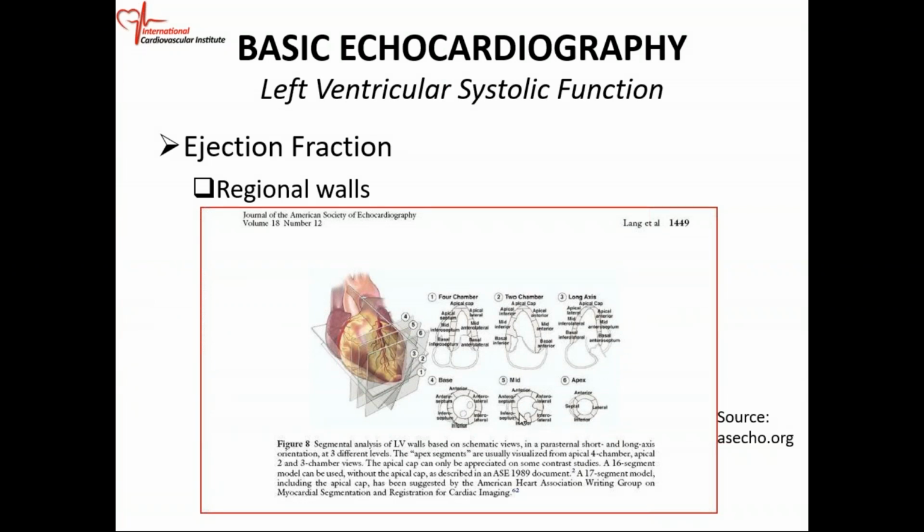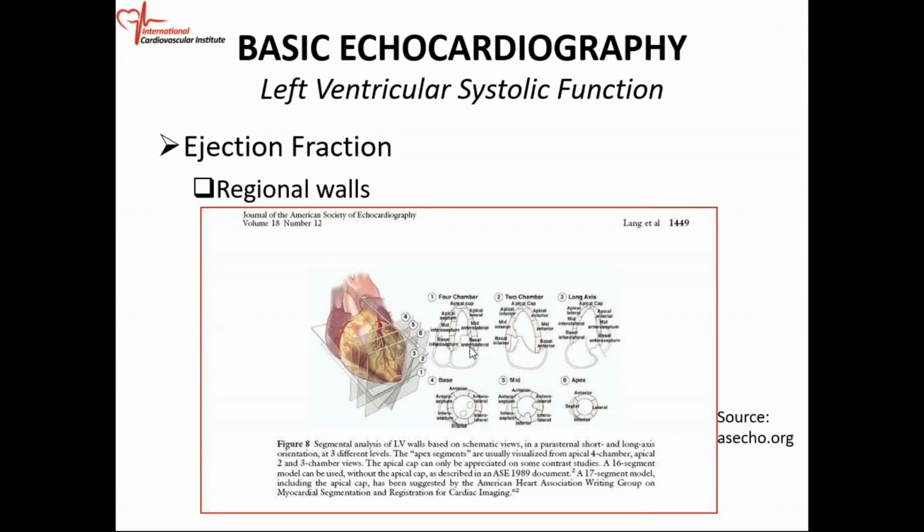At the mid cavitary level where you have your papillary muscles, you have 6 segments: anterior, inferior, anterior lateral, inferior lateral, inferior septum, anterior septum. And at the base where you have the mitral valve, the same thing.